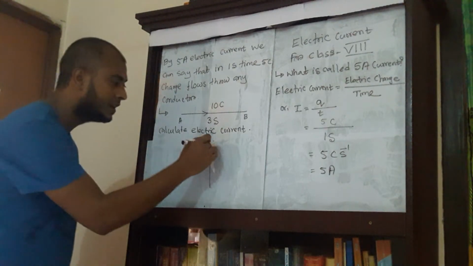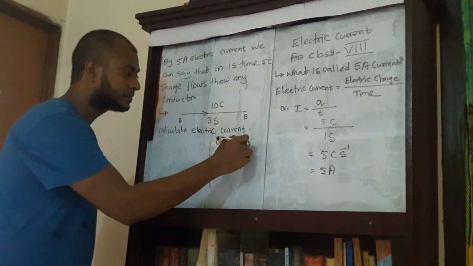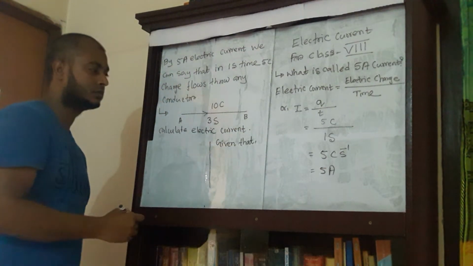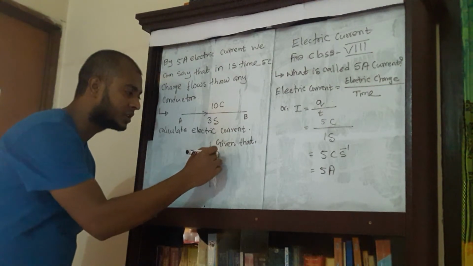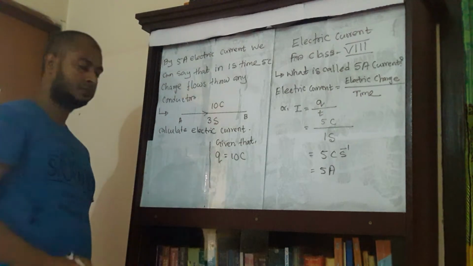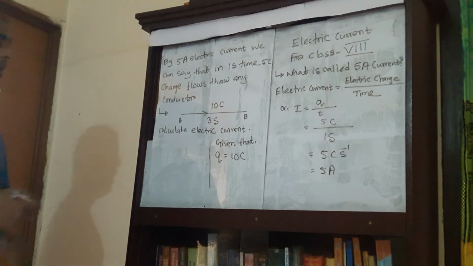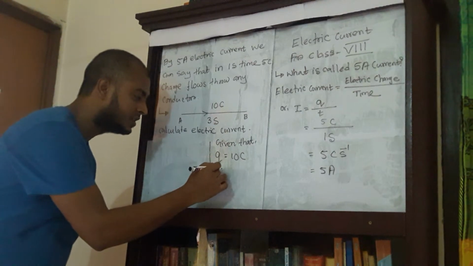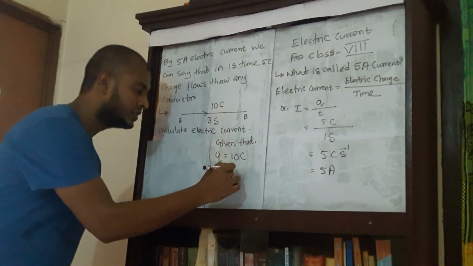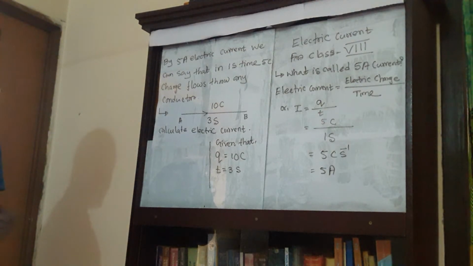Given that, charge Q equals 10 coulomb. In the next step, the time t equals 3 seconds.